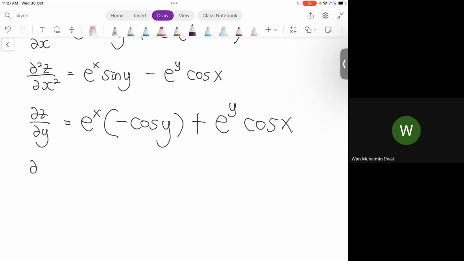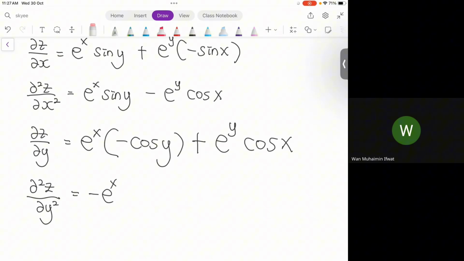Now we perform the second differentiation with respect to y again. The negative remains, e to the x remains because it is a constant. Wait, this one is positive, right? Sine will become positive. And then cos stays, so cos will become negative sine y. The e to the y stays the same.